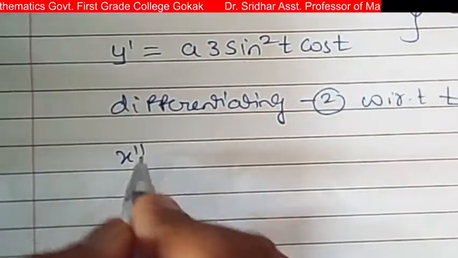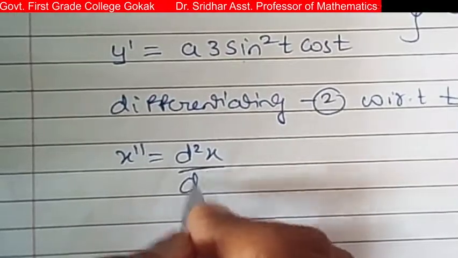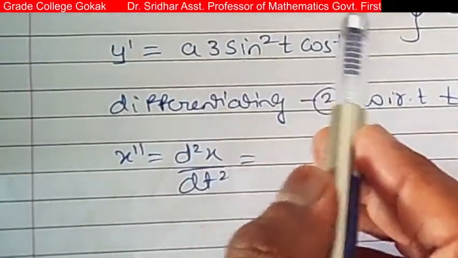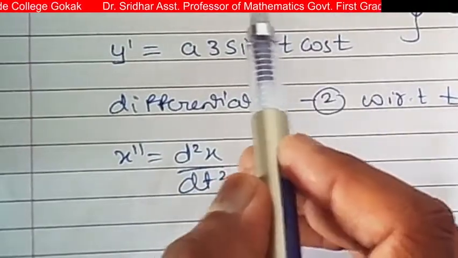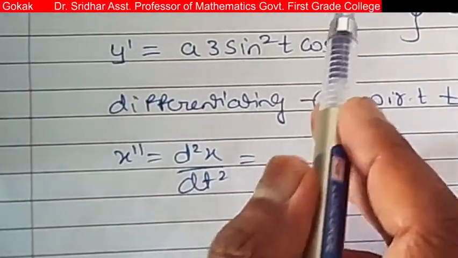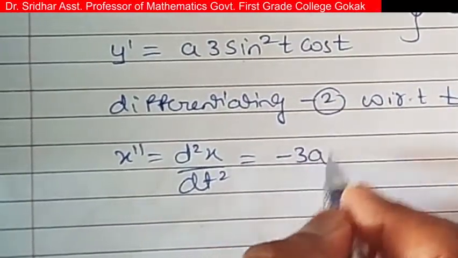So now what do we get? x double dash is d square x by dt square. Now x dash we already know, it is minus 3a cos square t sin t. On differentiating again with respect to t, 3a is constant.